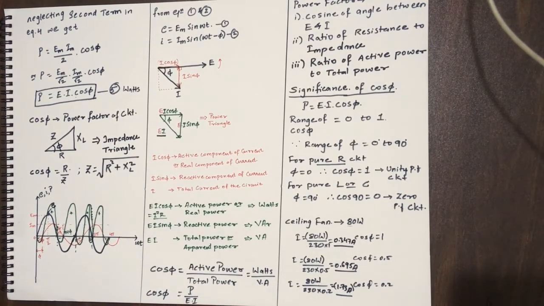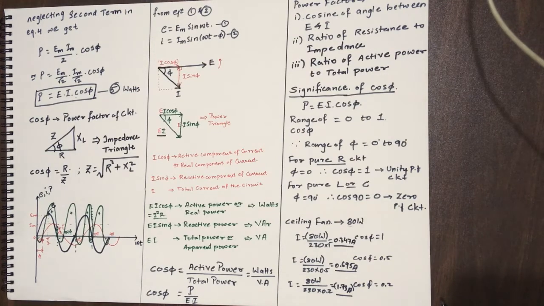Therefore, when the power factor is kept less, not only is the system getting the excess current, but also the consumer is paying more money for the same amount of energy consumption. So this is the understanding here. Now this is one part of the view with respect to the consumer.